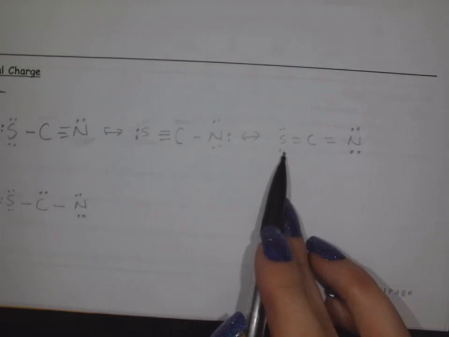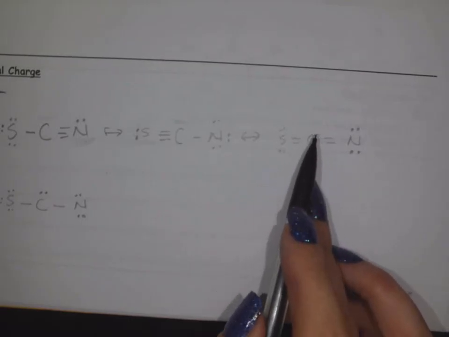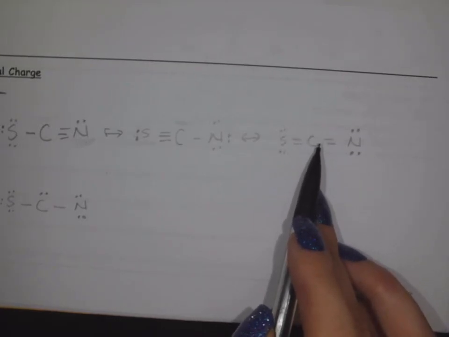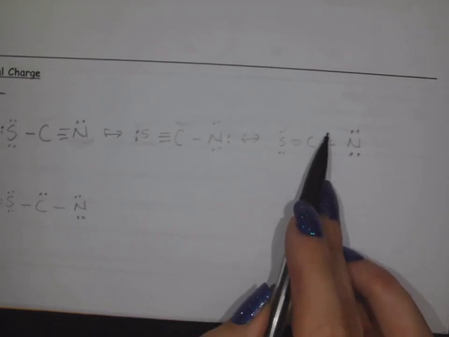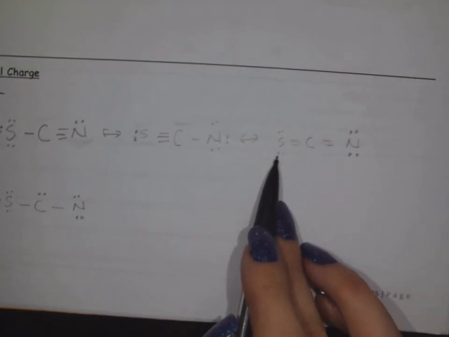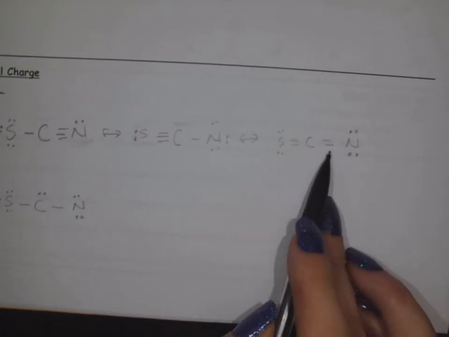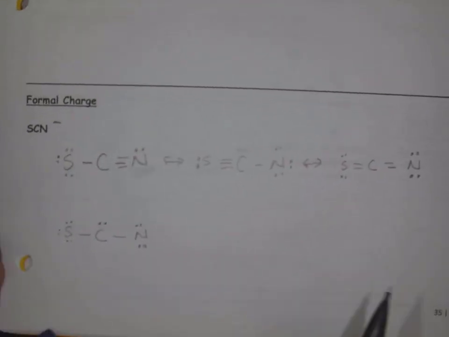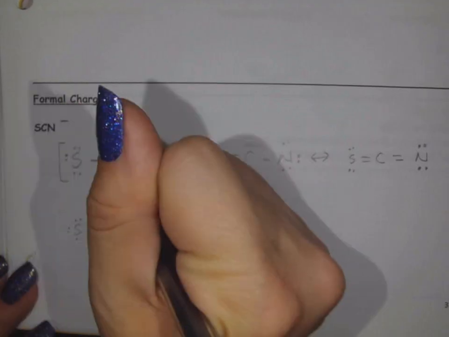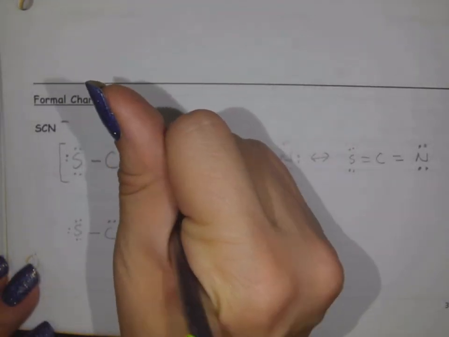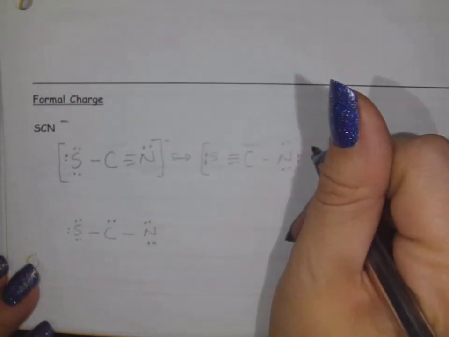Where we'd have an octet on the middle, 2, 4, 6, 8. We'd have sulfur, 2, 4, 6, 8. Nitrogen, 2, 4, 6, 8. So those are all valid structures. This is an ion, so let's put brackets around these. And then we're going to put a -1 charge.